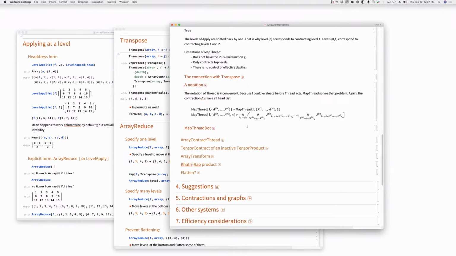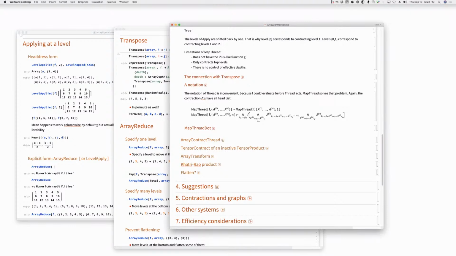Okay, so hold on. So you're saying nth MapThread here is Lambda, and when Lambda doesn't have a G on top, it means list. So that's kind of like a transpose, I guess, if there's no G on top. Yes, if you want.